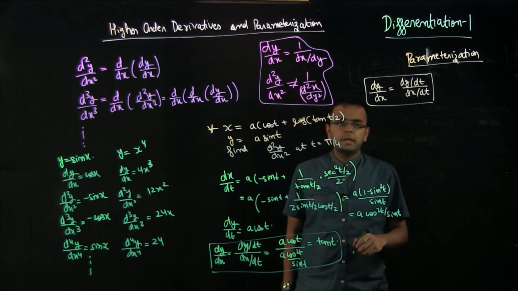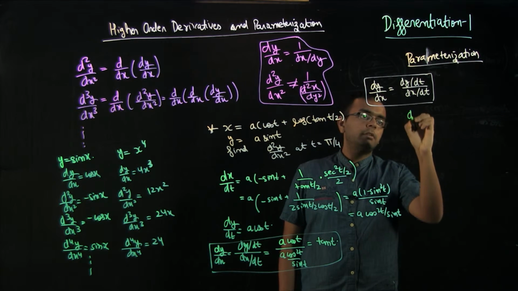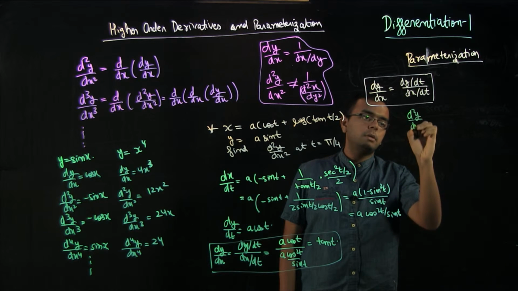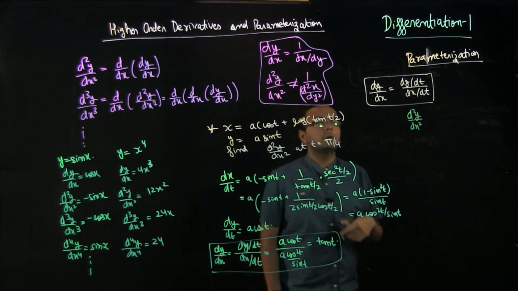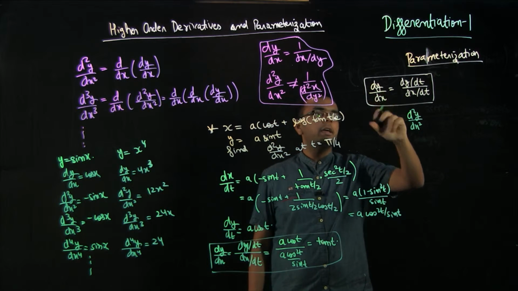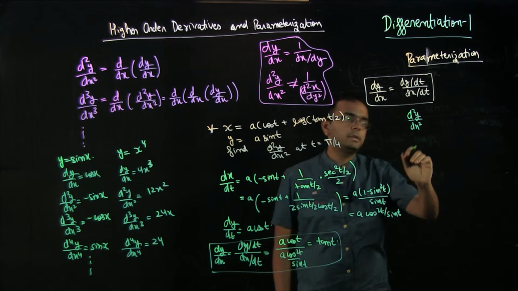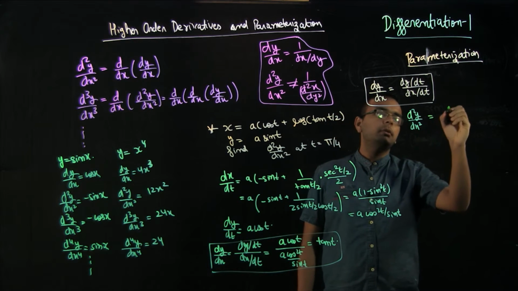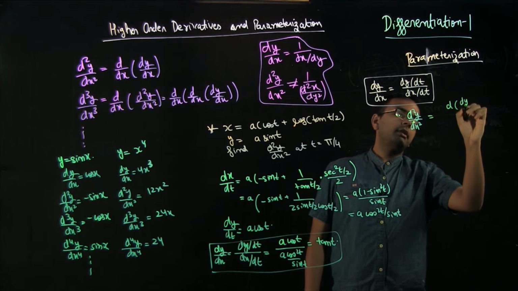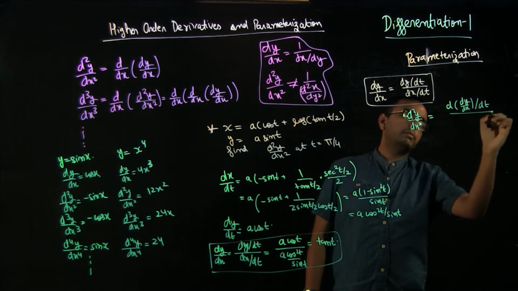Now the next step is to find d square y by dx square. In this relation, if I substitute y as dy by dx, then that will give me d square y by dx square. In other words, d square y by dx square is nothing but d of dy by dx by dt, divided by dx by dt.